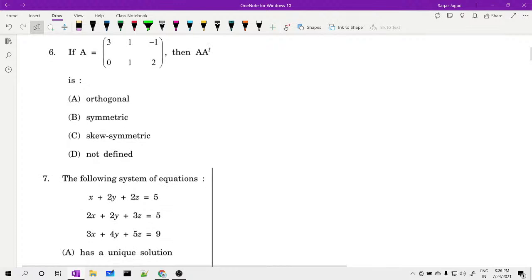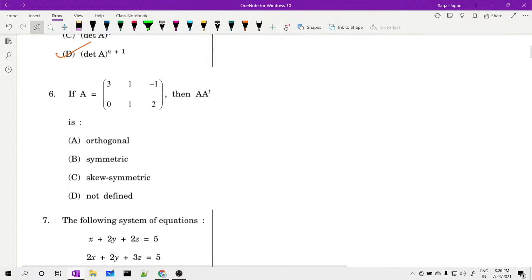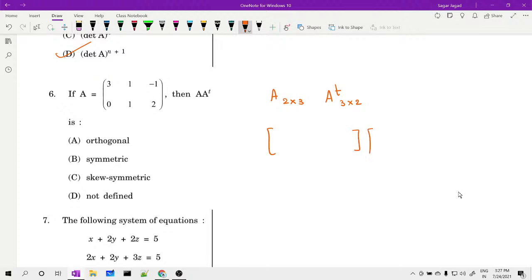Then what is A transpose? It is orthogonal, symmetric, skew symmetric, or not defined. First of all, my A is a 2 rows, 3 column matrix. Then A transpose will be 3 rows, 2 column. So the final output is going to be a 2 cross 2. Let me just find out the output. It is 3, 1, minus 1, 0, 1, 2, and 3, 1, minus 1, 0, 1, 2.